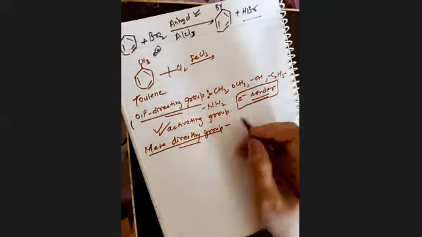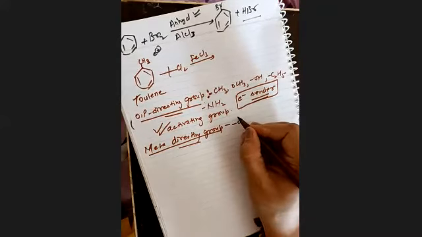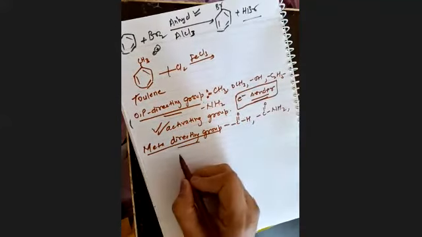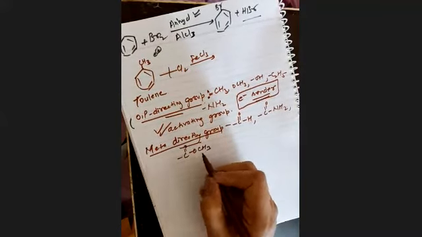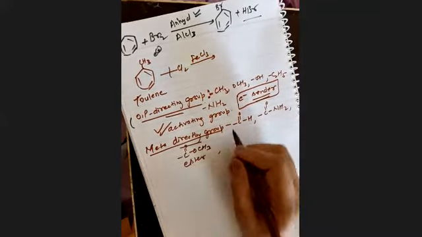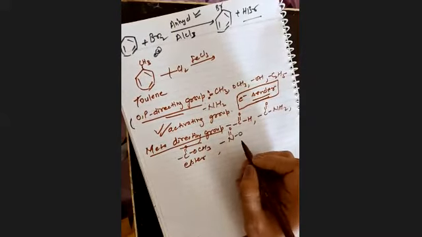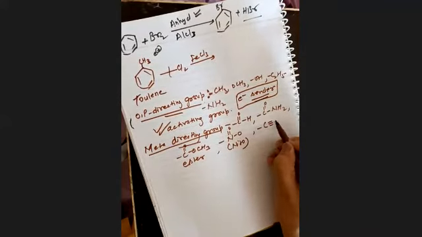So meta directing groups are C double bond O, CHO, NH2, ester, and if we talk about this group, this is nitro group, and cyanide.